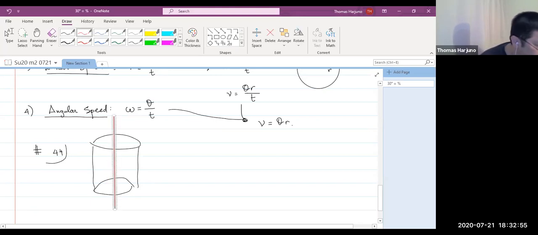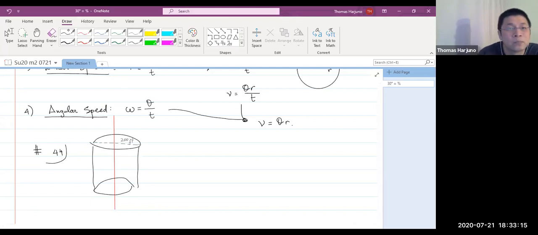Now if the tornado has a core diameter of 200 feet, so the diameter is 200 feet, and a maximum speed of 180 miles per hour, so that's the linear speed, right?